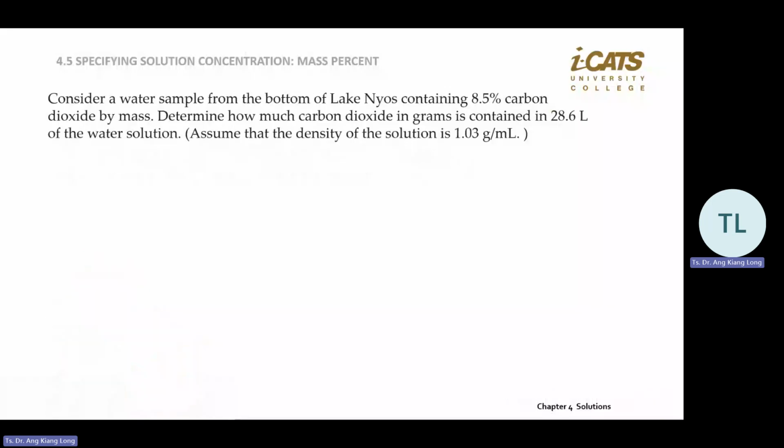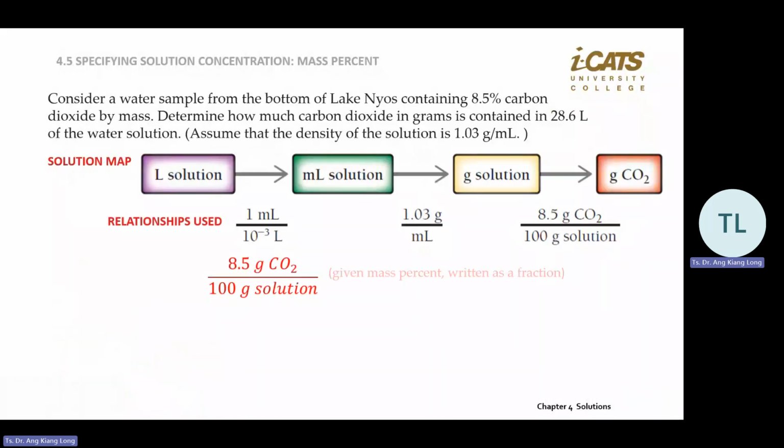So from here, we continue this example. You convert the information 8.5% carbon dioxide by mass into 8.5 gram divided by 100 gram of solution. Then you're given the density 1.3 gram over ml.